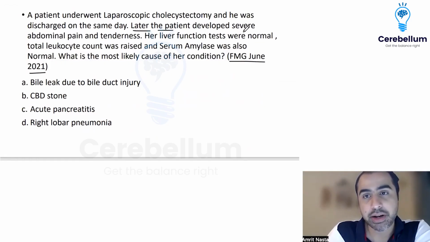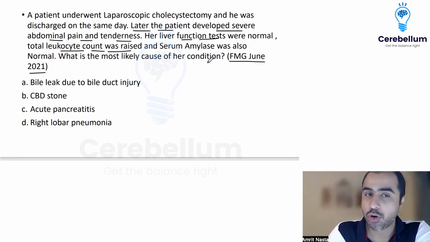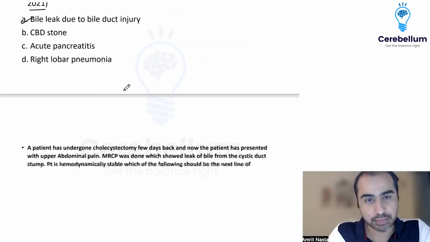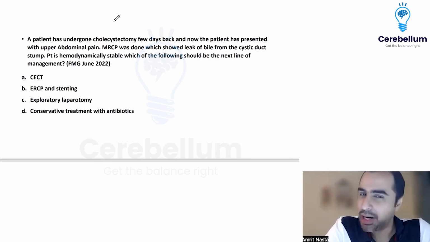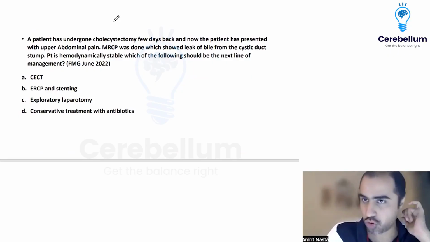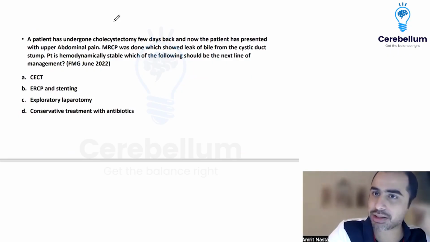Later, patient developed severe abdominal pain, tenderness, LFT was normal, leukocyte count was raised, amylase was normal, most likely cause: bile leak due to bile duct injury. Okay, now it makes sense because now you know the progression of the disease. Answer this. See, this kind of questions have come. They should not be asking, but they are asking, unfortunately. So, fortunately, now you know the answer.